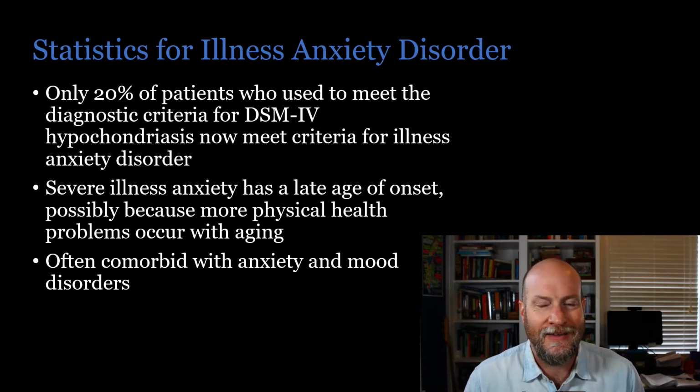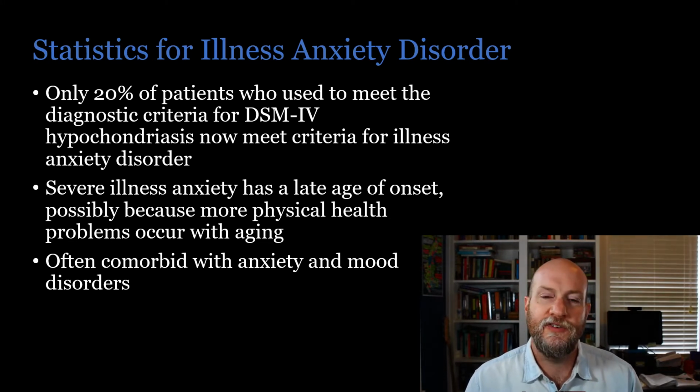It's too easy to diagnose someone. And perhaps what we're doing is we're muddying the waters. We're lumping people together who have different degrees of severity of this dimensional condition. So it's actually even rarer to meet the criterion set down in the DSM-5 for illness anxiety disorder than it was the criteria that were set down in DSM-4 for hypochondriasis.